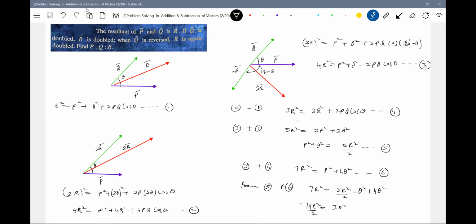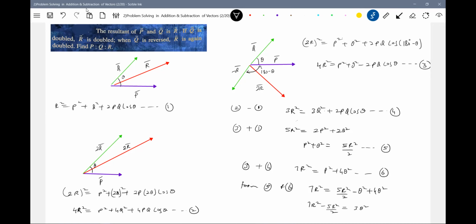P square plus 4Q square. Okay, let me do one thing, I'll simplify it somewhere. I'm not that good in maths. So 7R square minus 5R square by 2 equal to 3Q square. Okay, yeah, fine.